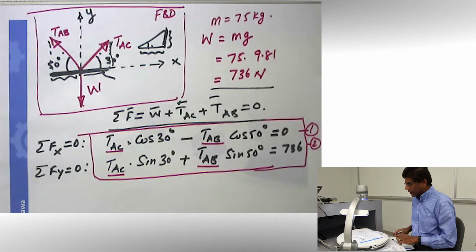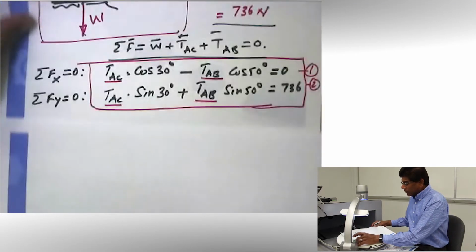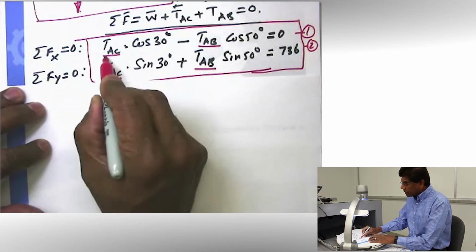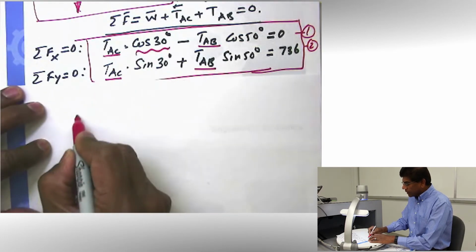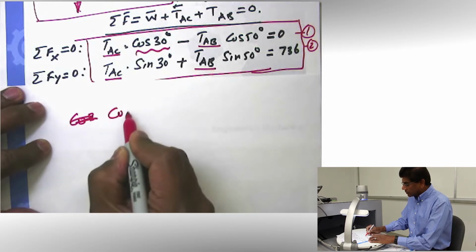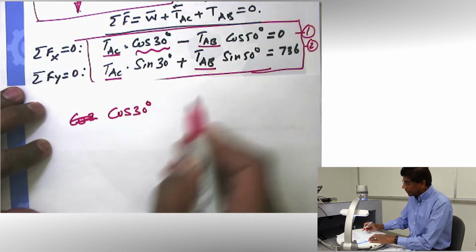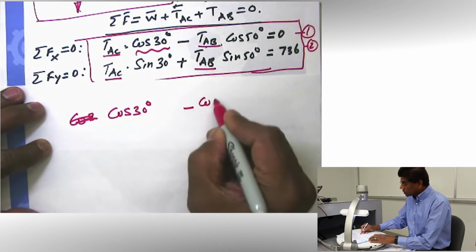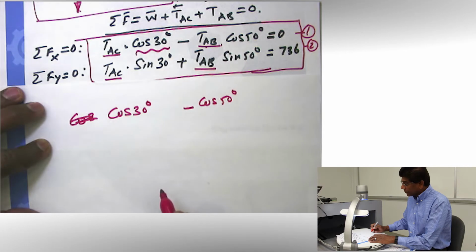So here is what I recommend. Once you develop these equations, write them in a way they are very clear and consistent, and then write down the coefficients. In this case, TAC's coefficient is cosine 30 degree. And then the coefficient of TAB is going to be negative cosine 50 degree.